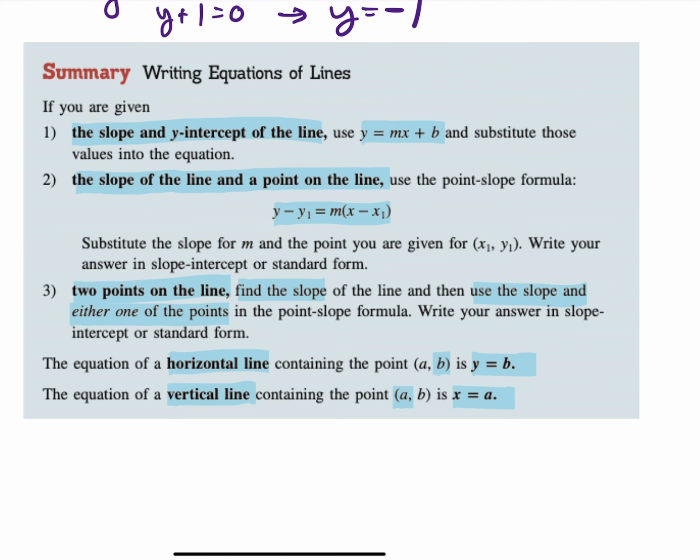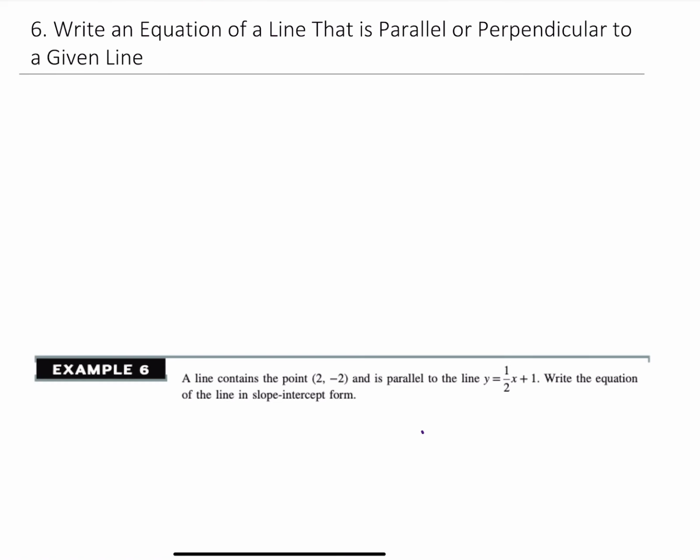If we know the line's relationship to another line, that can also be helpful in creating the equation of a line. So this is where we'll see if a line is parallel or perpendicular to a given line. And if you recall from a previous video, parallel lines would look something like this.